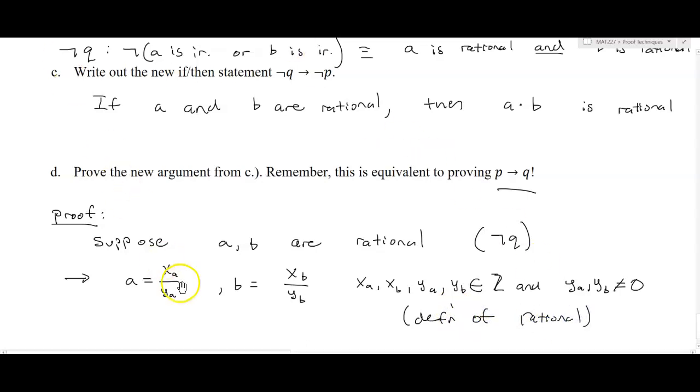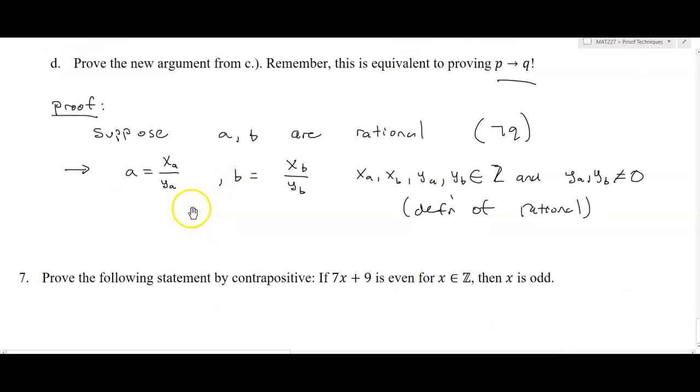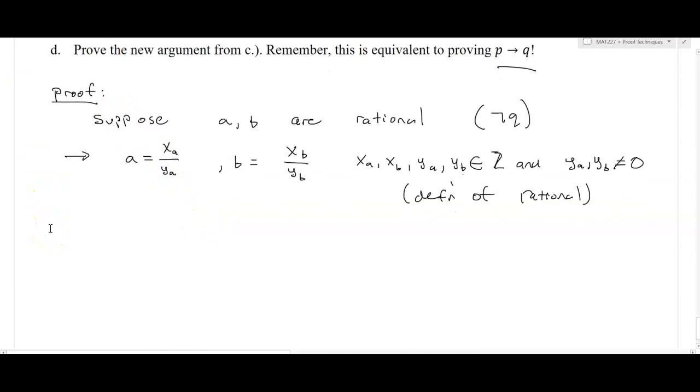Great, okay, so now that I have these nice solid definitions, I can go ahead and prove this statement. The next step I'm going to take is to multiply these two numbers together. So I will get A times B. And I want to show that the product of these two numbers is going to be rational as well, that it's going to be an integer divided by an integer when I multiply them.